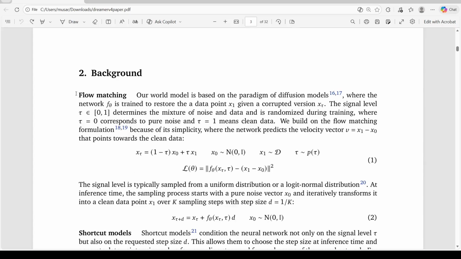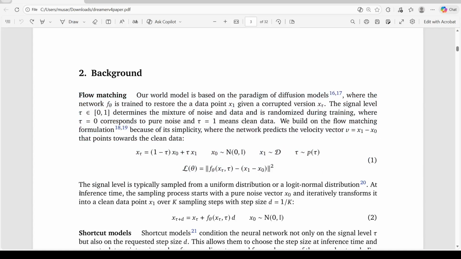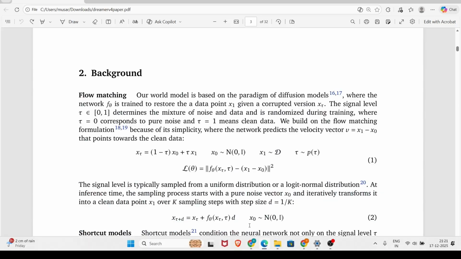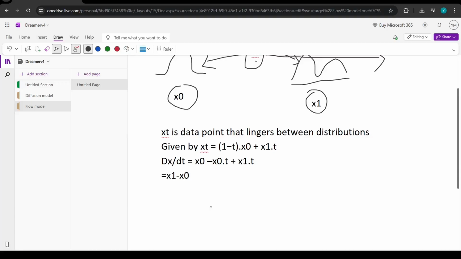This was the whole point of this section till here, and this part is just for the inference part that will come later. I'll just go through this again to give a whole overview.